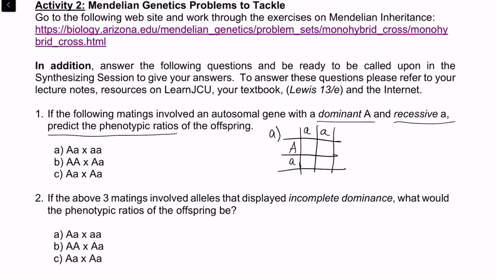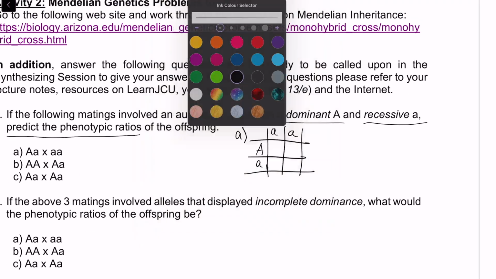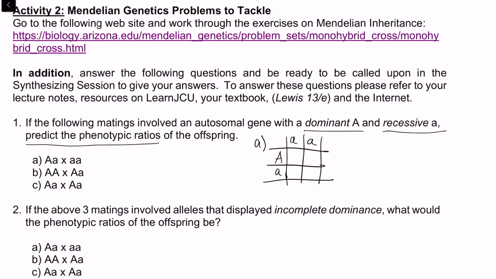where we have 4 boxes to cross over between them, then if we just do from the left side to the top, we have the following in green.